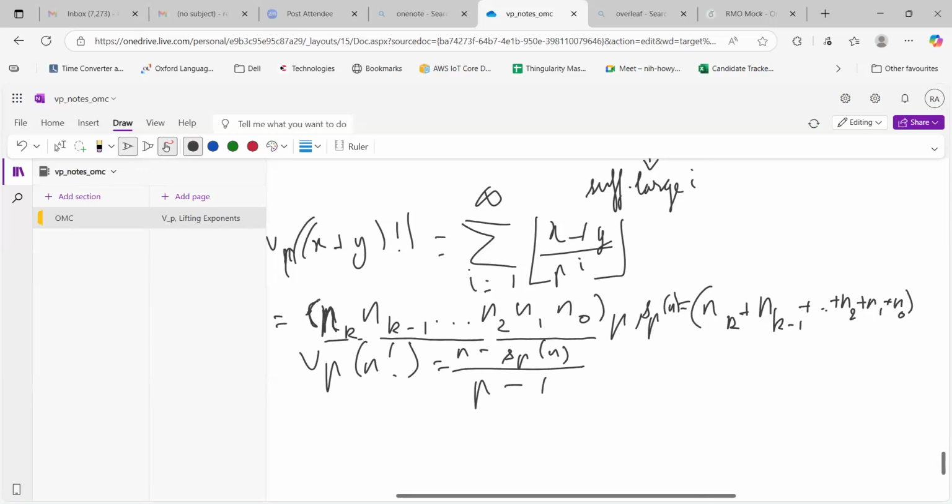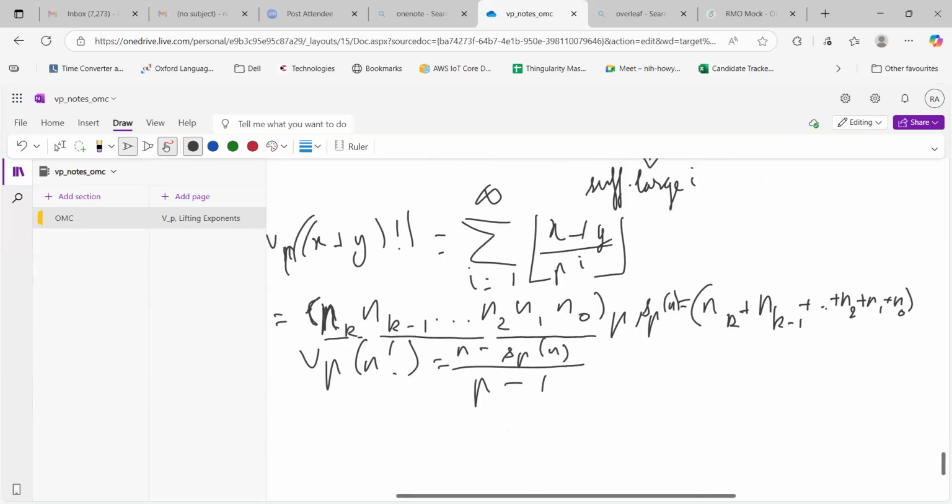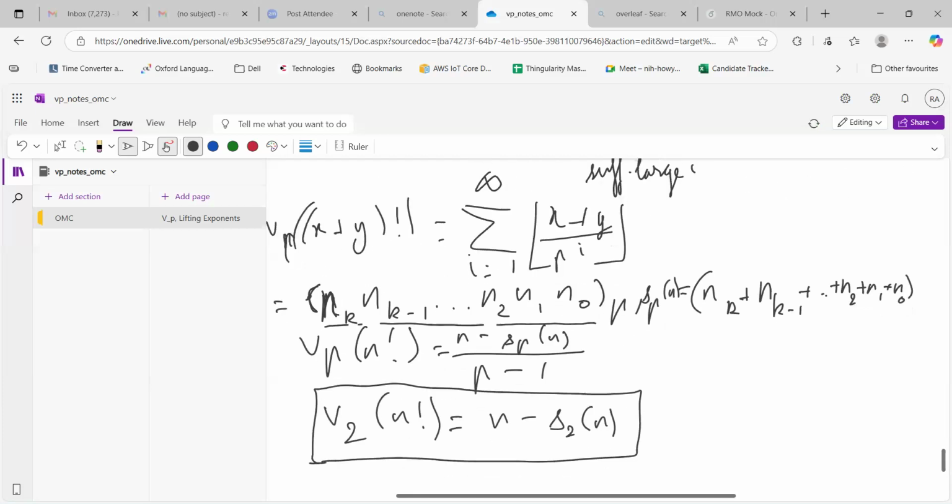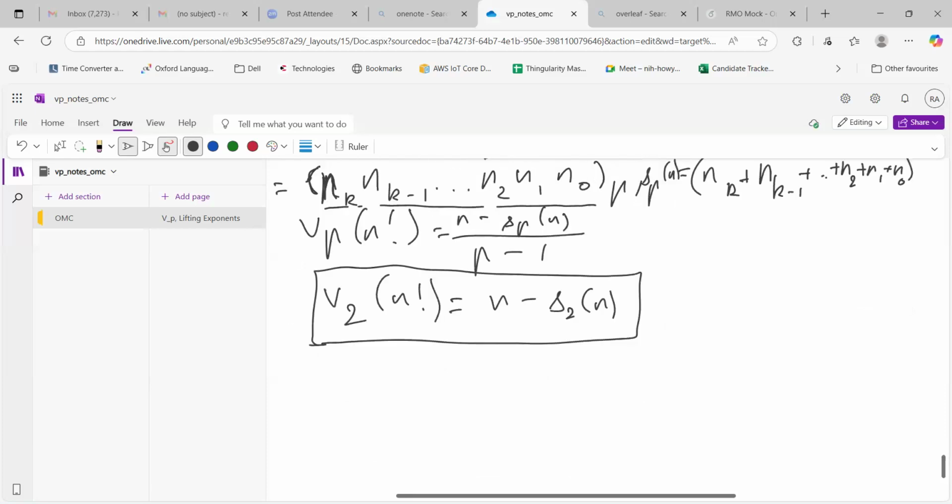This is quite similar to the sum of floors formula we proved earlier, and it's also a lot more useful because now we can see that V2 of n factorial, for example, would be n minus S2 of n. So this is one very useful thing. I'll probably put this in the P set or something. It is not very hard to prove, and it would be very useful for you to prove this by yourself.